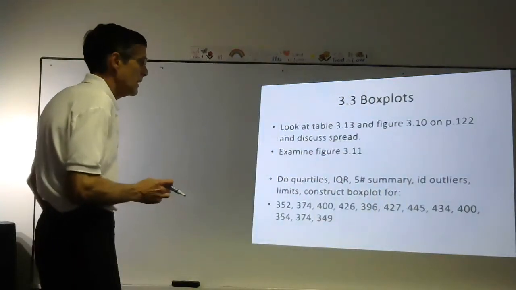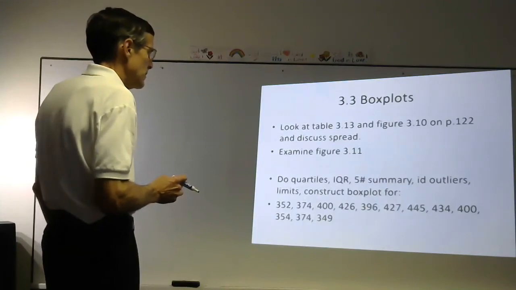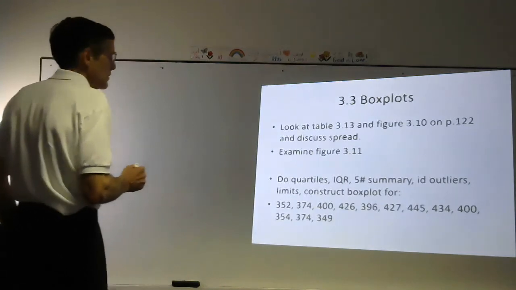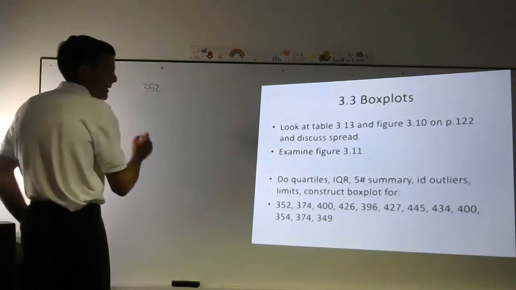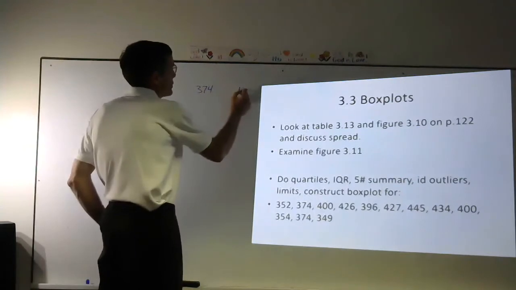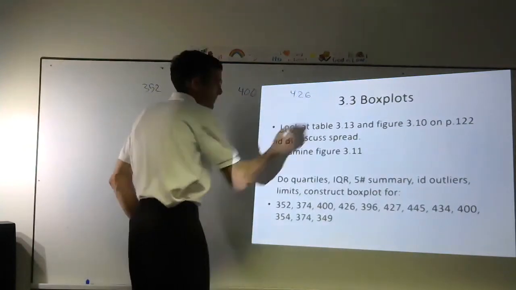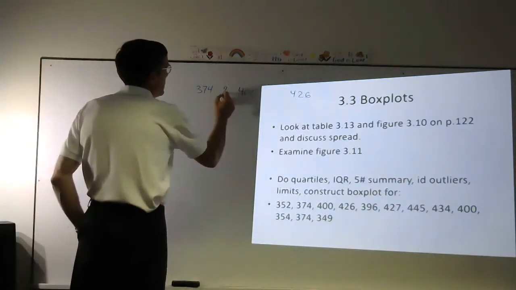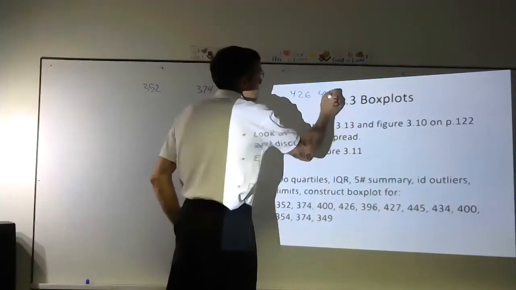We're going from the lower 300s to the middle 400s. So let's see if we can get that in here. So we have 352. I've got 374. I've got 400. I've got 426. I've got 396, which would be right in here. I've got 427.